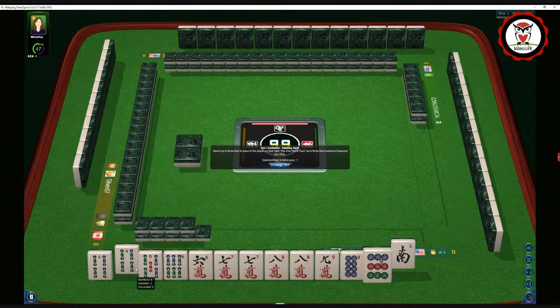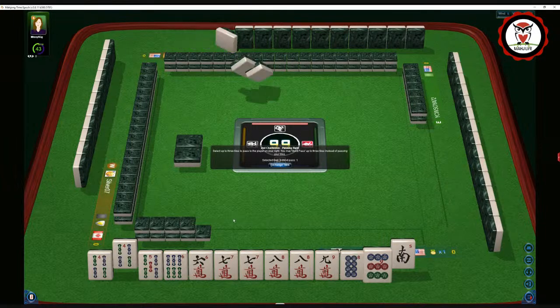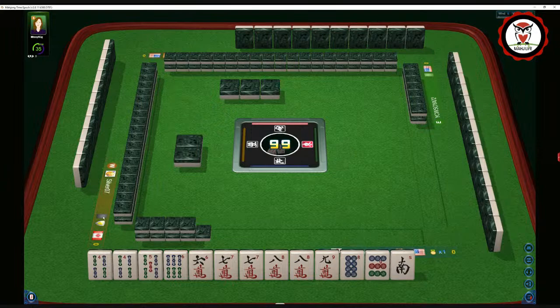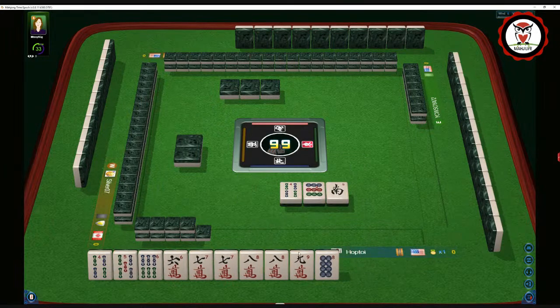I would break up the 4 because we have a lot of 6, 7, 8, 9, 5, 6, 7, 8, 8, 9, 8, 9, 7, 8. I think the 9 can go, the 9 dot. 6, 7, 8, 9, no gaps, pung kong. 5, 6, 7, 8, no gaps, pung kong. Second hand down, basically. And really the 4 bam and the 8 dot, those can go.